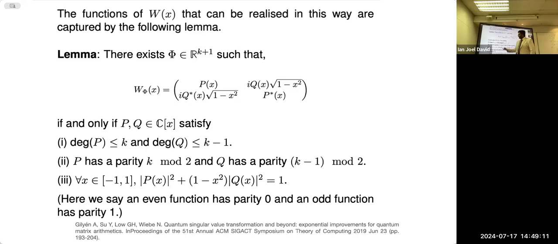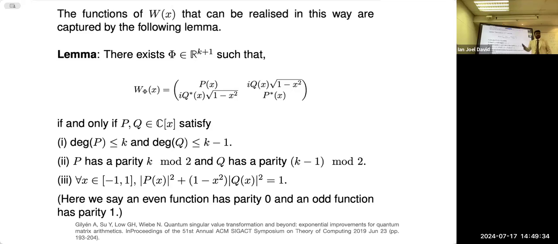The first being that the degree of the polynomial P should be less than or equal to K, and the degree of the polynomial Q should be less than or equal to K minus 1. The second condition being that P must have a parity K mod 2, and Q should have a parity K minus 1 mod 2. And we say that even functions will have parity of 0 and odd functions will have parity of 1.